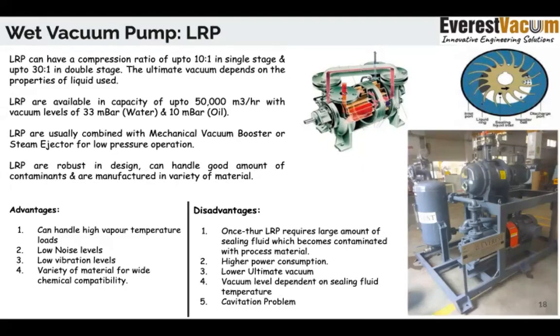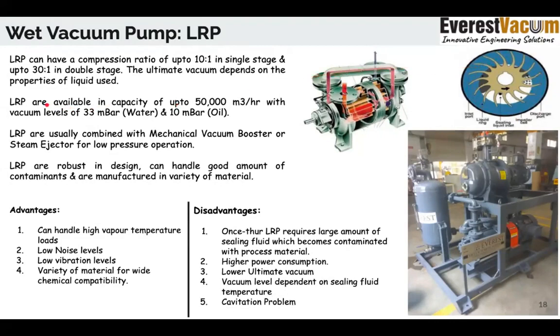Typically you should not use acetone or liquids which start evaporating at 60, 70, 80 degrees. Why so? I'll tell you further. The most commonly used sealing fluid in this case is water. The other option that is very popular is oil.